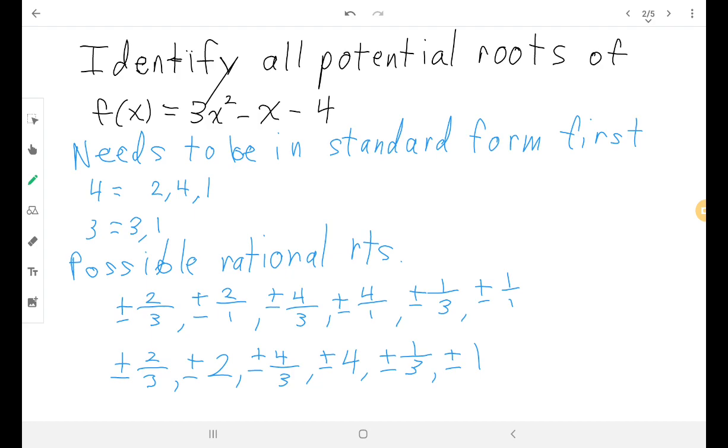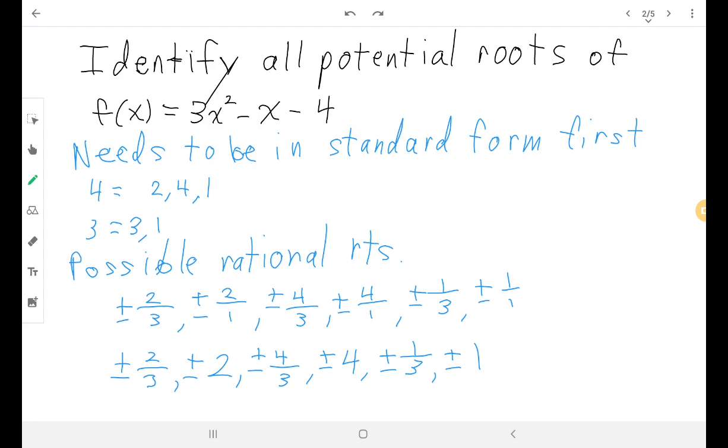And then you might put them in order. That part really doesn't matter. As long as you're doing the last factors over the first factors. Okay? The last factors over the first factors, and putting plus or minus in front of each one.